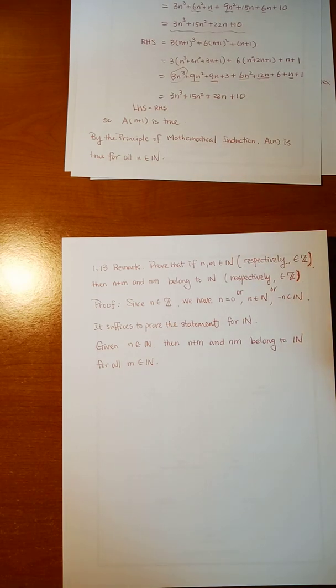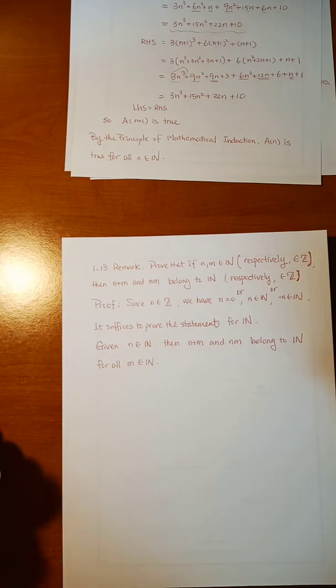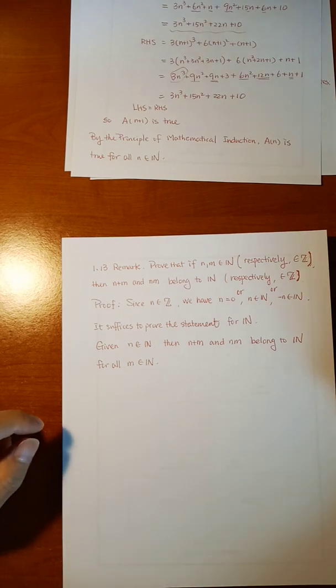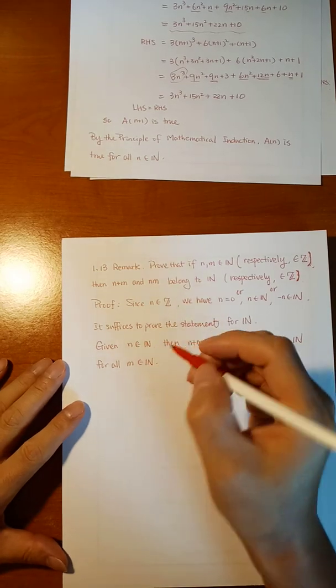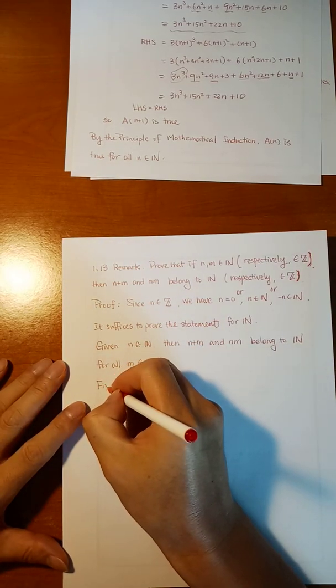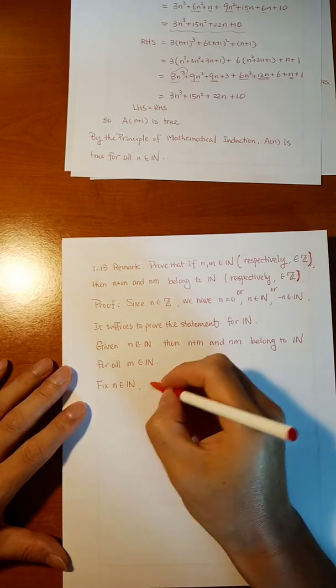When you add two numbers together, we fix one and let the other one change. So here we fix n in the natural numbers.